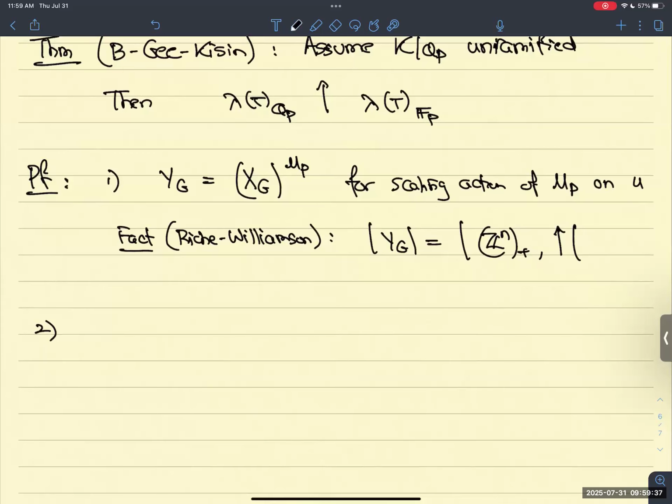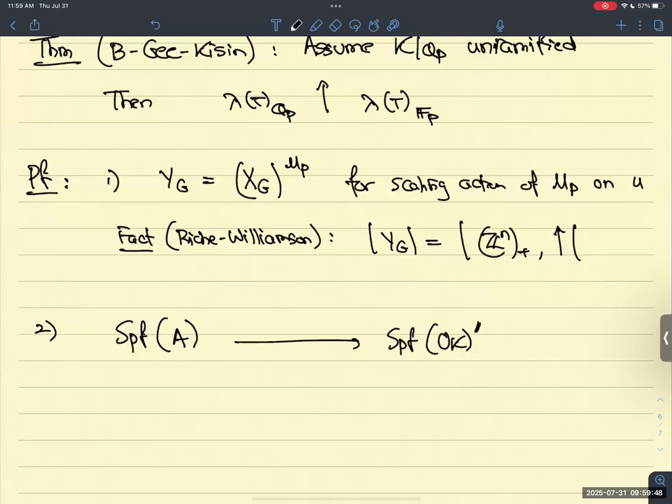And so here's how you get the mu p fixed point. And now I'll stop after I draw this diagram. So here's Spf A. You look at this map you had to Spf OK prism given by u. So in the unramified case, the Eisenstein polynomial is just u plus or minus p. And I'm going to tweak it.